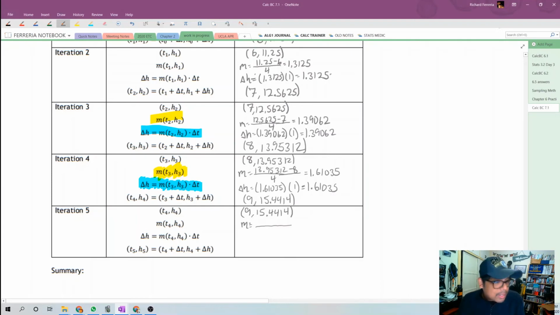So, getting back to where we were, slope is equal to h minus t over 4. So 15.56347 minus 9 over 4, and my calculator tells me that it's 1.61035.